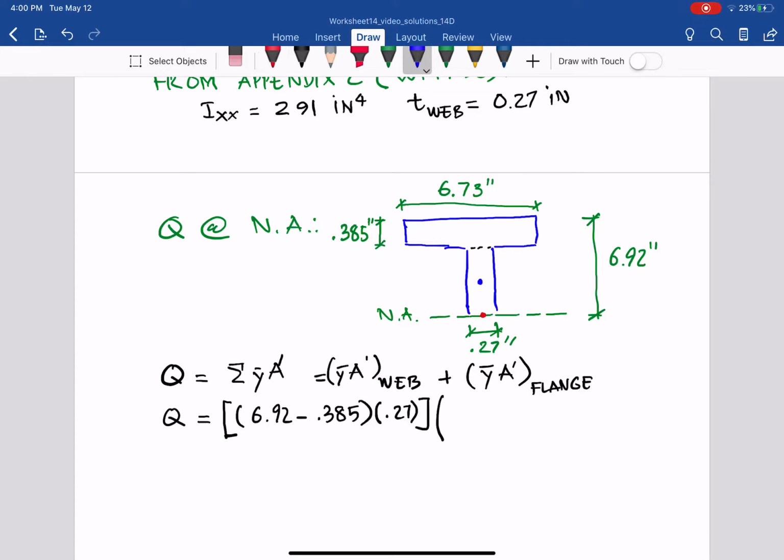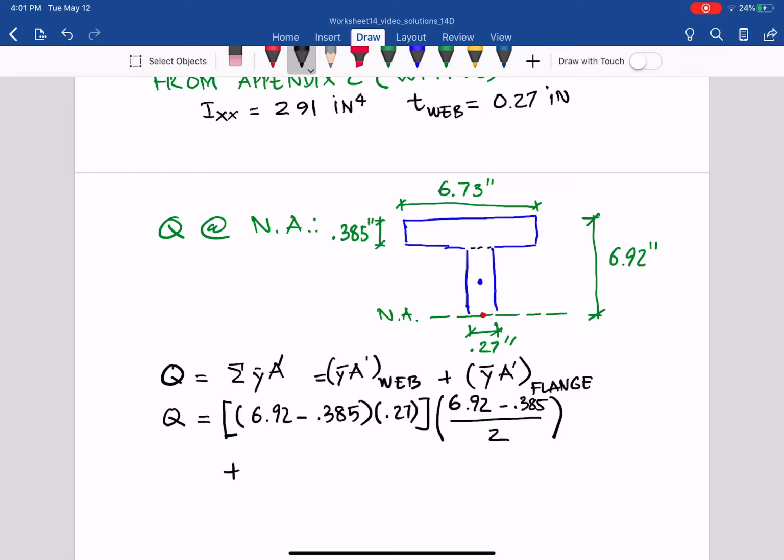So for that, it is equal to 6.92 minus 0.385. Of course, we divide by 2 because that is the rectangle.